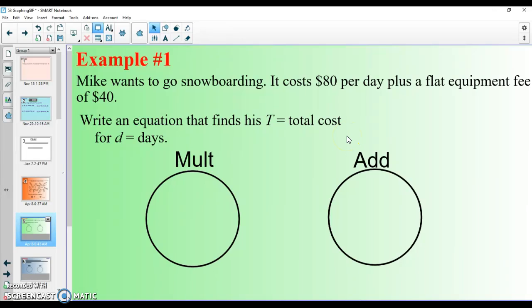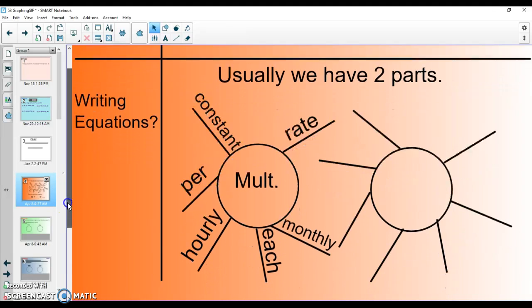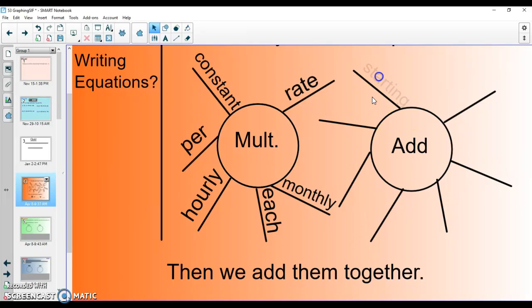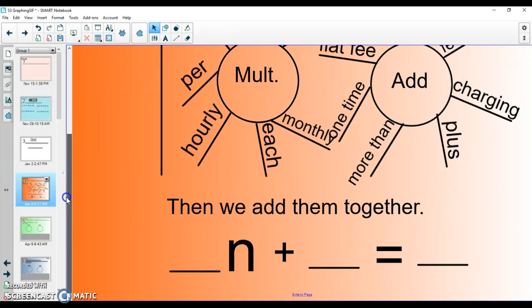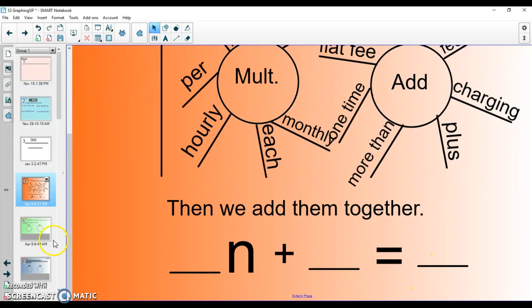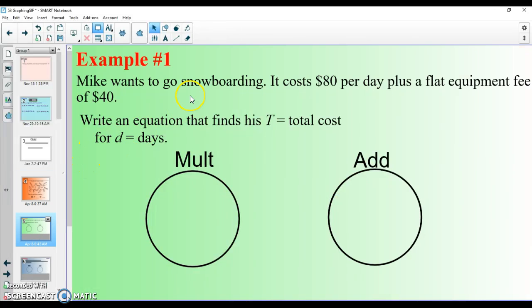And what we saw as 6th graders is that these were mostly multiplication and addition problems. There was always a key word that told me I was multiplying and a key word that told me I was adding. And we often put them together in an equation that looked like this. So for example, we have Mike.